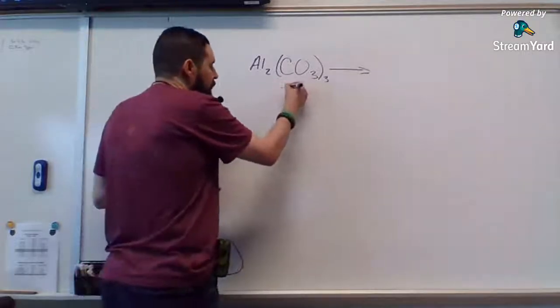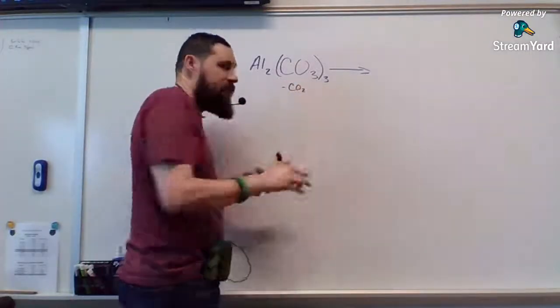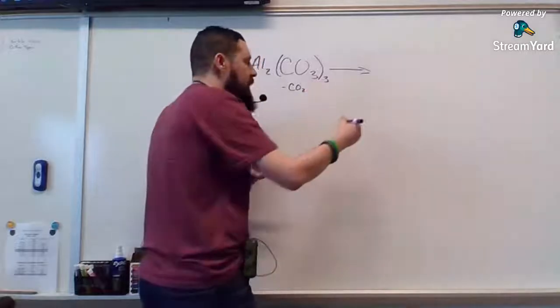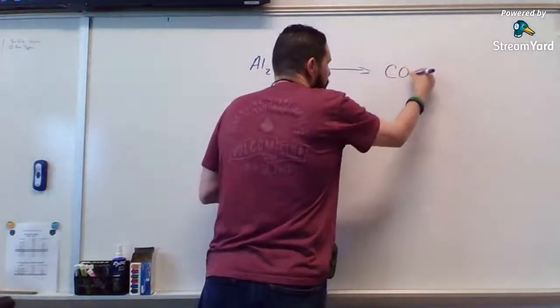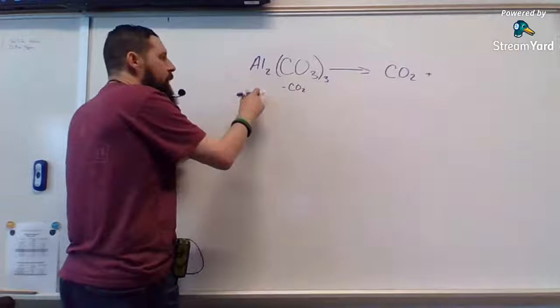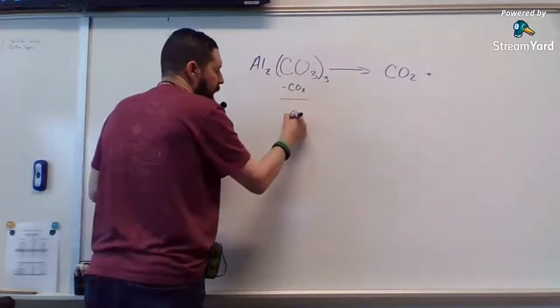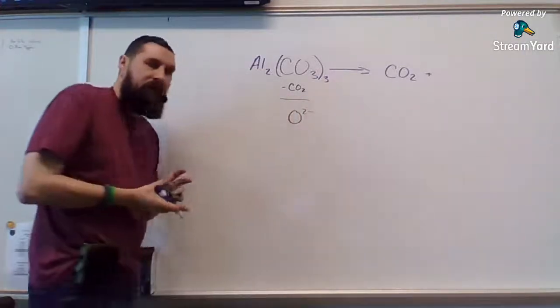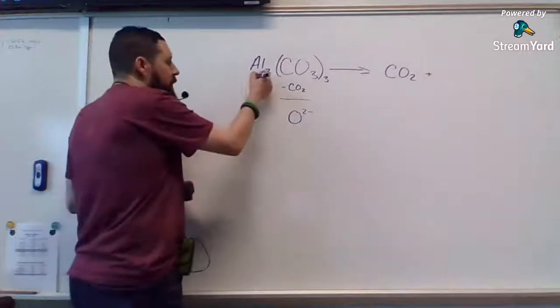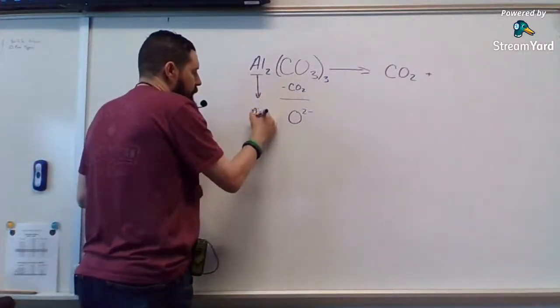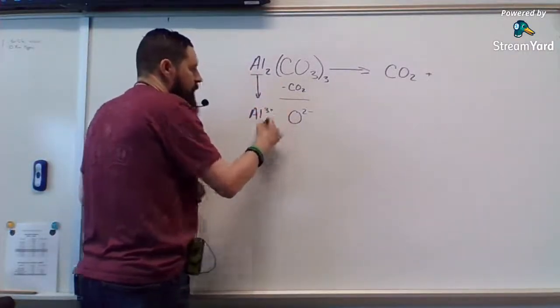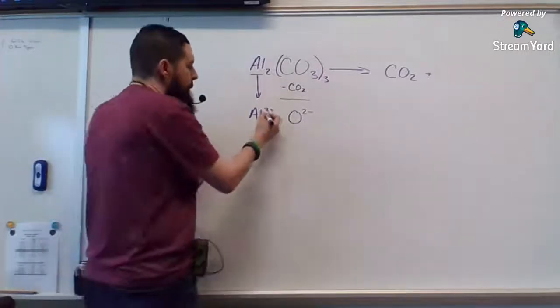So again, the first thing I'm going to do is subtract out the CO2 as one of my products. And then that's going to leave me my oxygen, which is going to have a 2 negative charge. My aluminum, as I said just a moment ago, is a 3 positive.